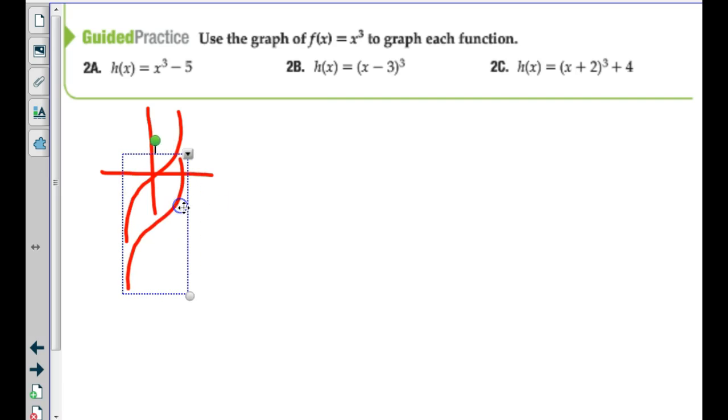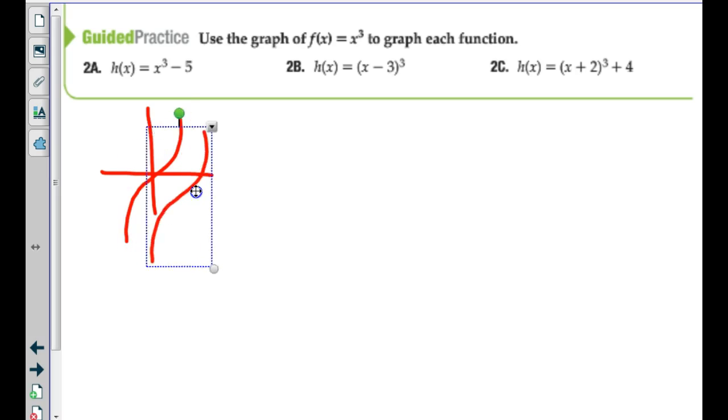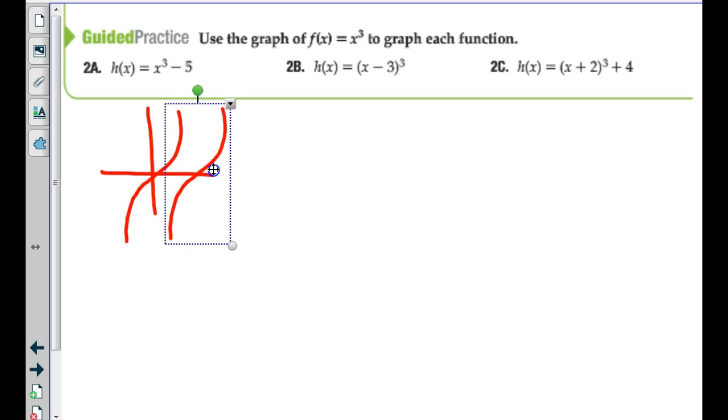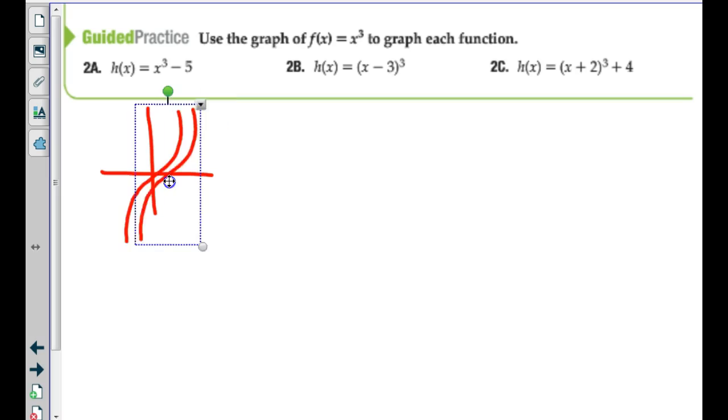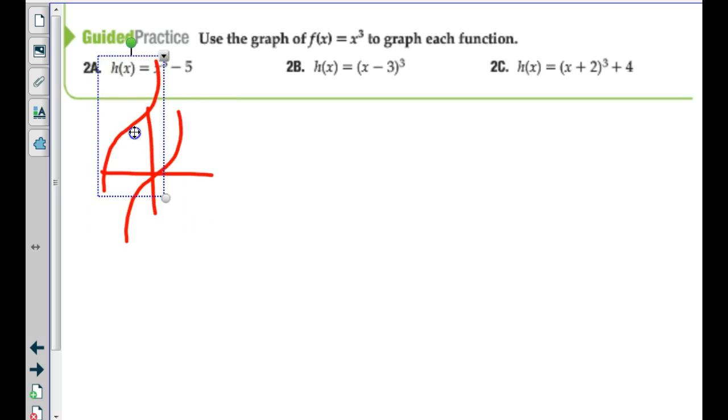So it would be the same graph moved down 5, okay? What would this one do to it? Okay, this would move it to the right 3, so it would look like this. This one, anybody? Left 2 and up 4, so it would be somewhere up there. We okay? Yes. Yeah.